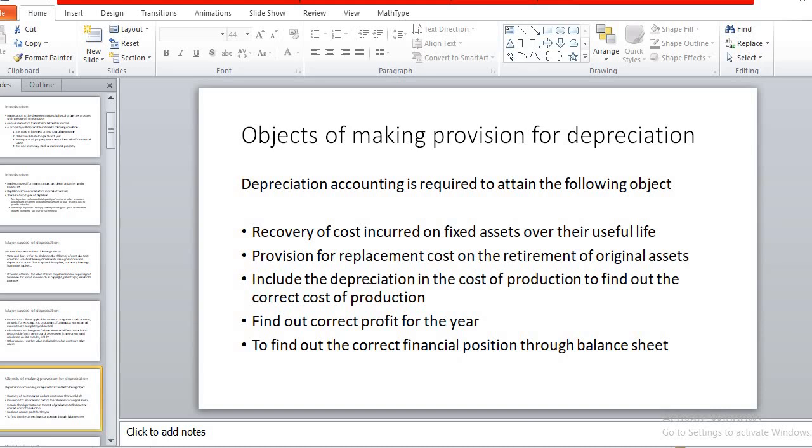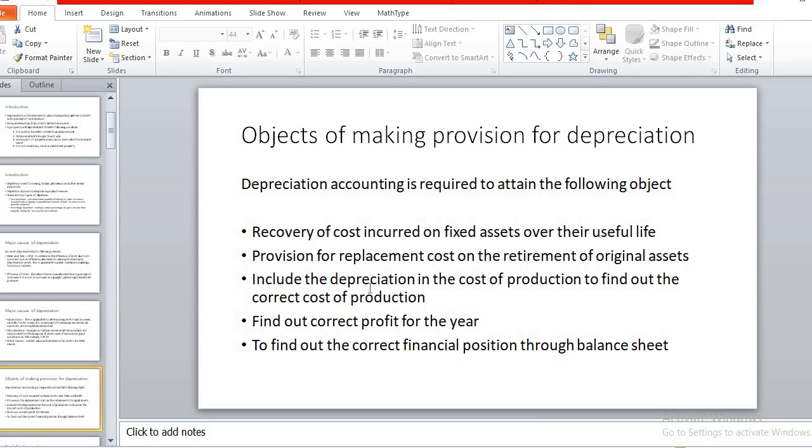That cost of the new machine must be distributed over the cost of these 100 products. So the cost of the product now also includes the machine cost, because after 100 products we require a replacement of the machine. That cost we should also consider in the cost of the particular product. So depreciation is used to find out the correct cost of production.